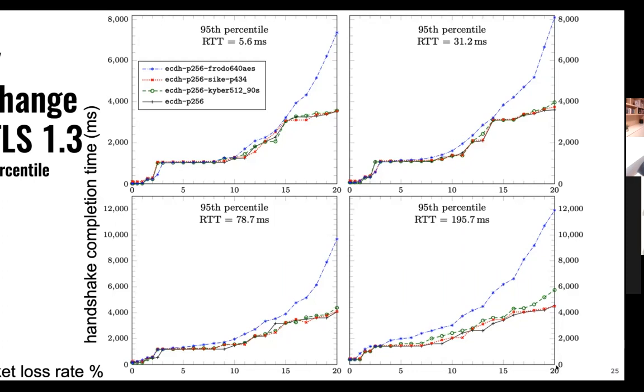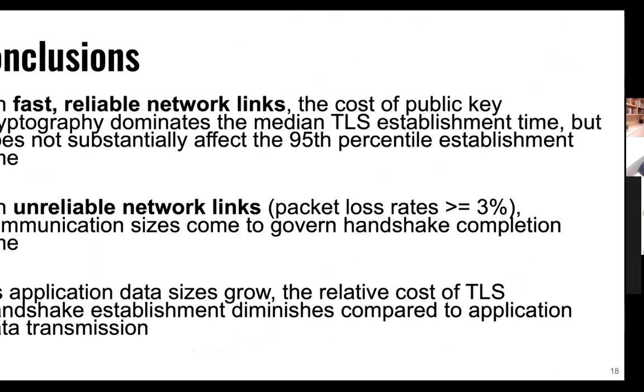So the conclusions from this are that on fast, reliable network links, it's really the cost of the public key cryptography that's dominating the median TLS establishment time. And we're not seeing a whole lot of difference at, say, the 95th percentile establishment time. But on unreliable network links, even starting around 3%, the communication sizes come to govern handshake completion time.